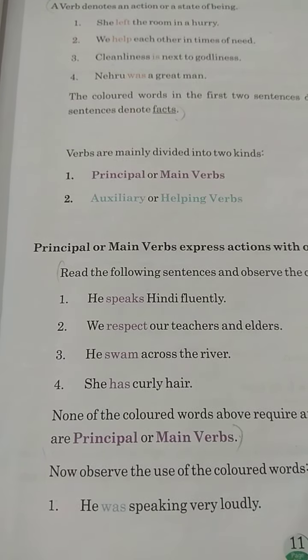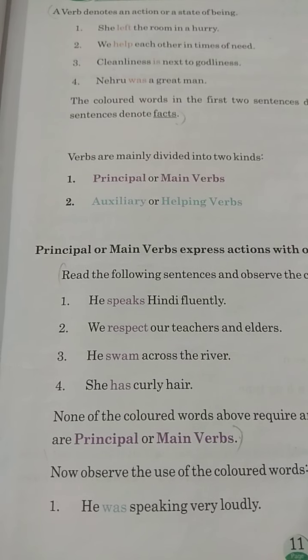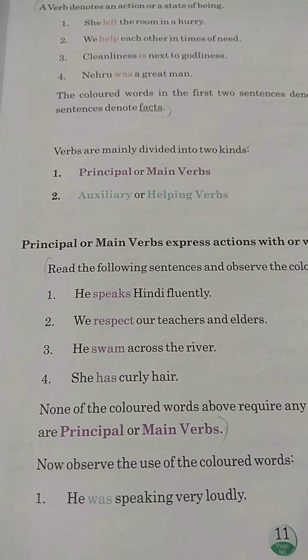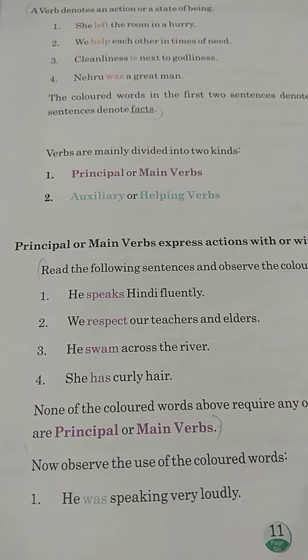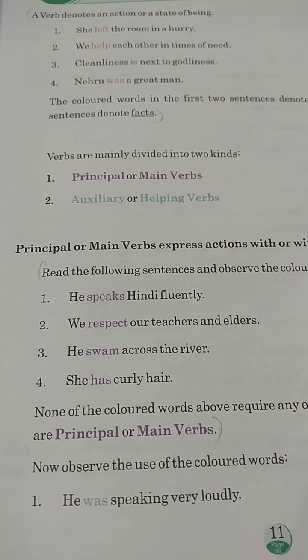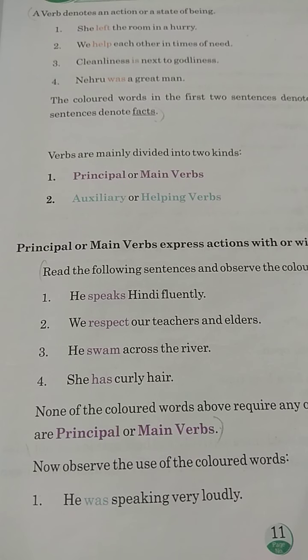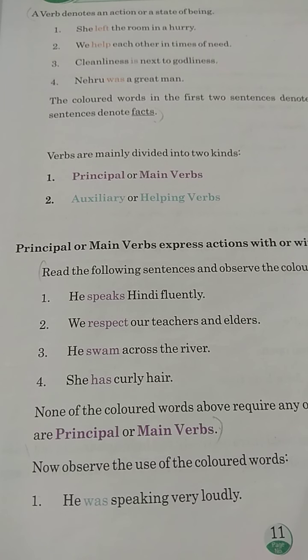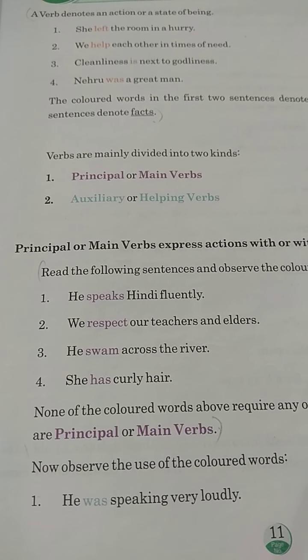Read the following sentences and observe the colored words. He speaks Hindi fluently. We respect our teachers and elders. He swam across the river. She has curly hair.